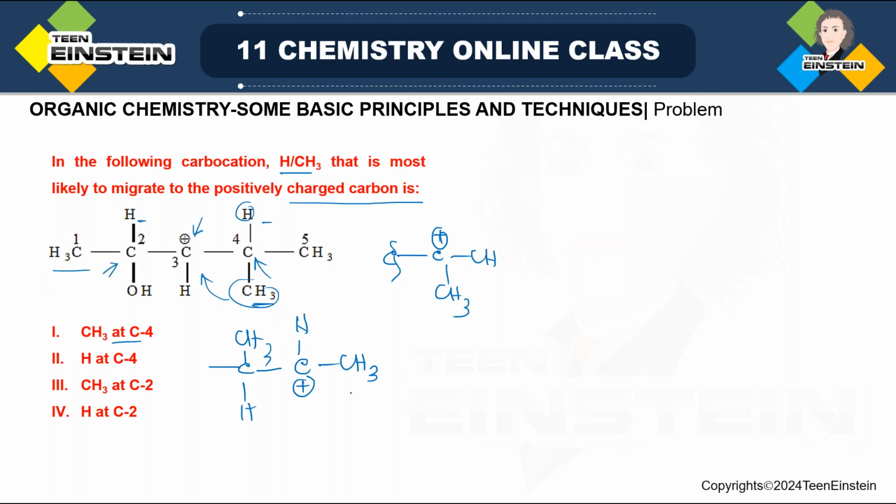And if there is positive charge at this position after this migration, now from this side there will be some plus I effect, and OH can also show plus R effect. Hydrogen at C2. Now if hydrogen at C2 is removed, now you will get positive charge here.